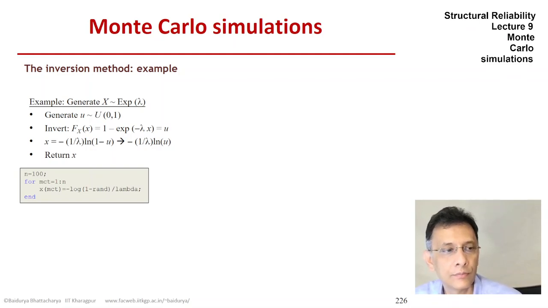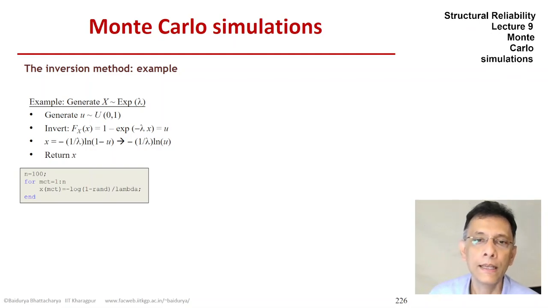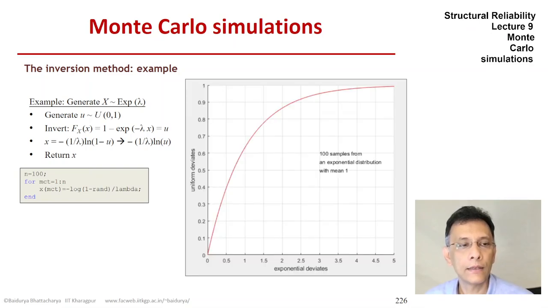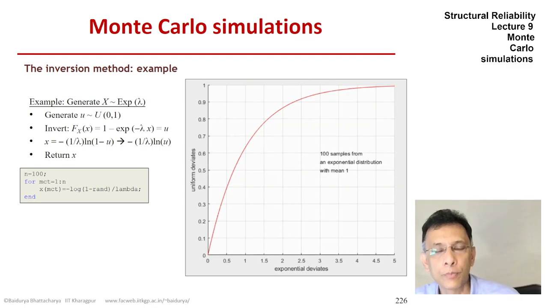I did not use that shortcut that I mentioned, and taking the log of that and multiplying with negative 1 over lambda gives me the desired deviate x, and then I can use that x for whatever purpose I have in mind. Let's look at it pictorially, and here I have a small movie of 100 samples being generated.